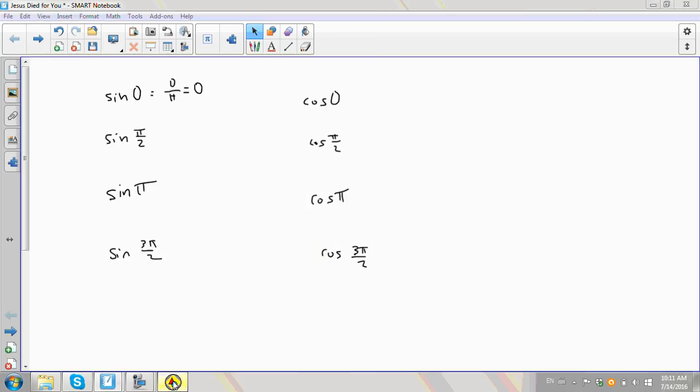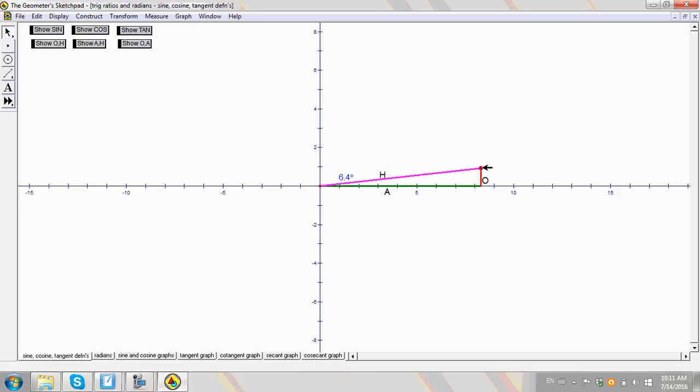Now let's take a look at the cosine. The cosine is the ratio of adjacent to hypotenuse. So as the angle approaches 0, when we get down to 0 degrees or 0 radians, look what happens. Adjacent is equal to hypotenuse.